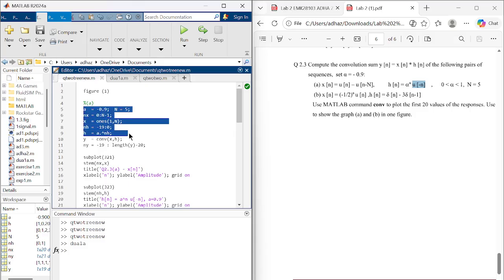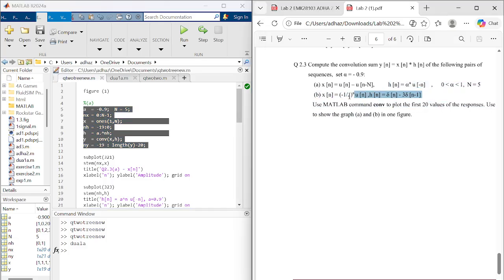For example, each of our values comes from our calculation for 30 values. For our question B, our input s[n] is an alternating decaying sequence, negative 1 over 2.